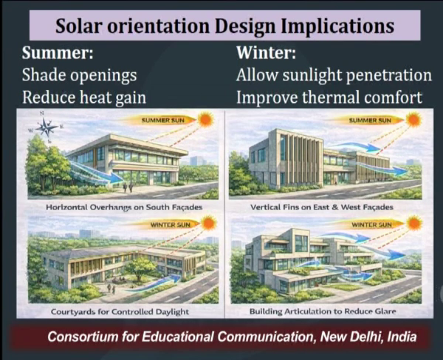Because of that, these overhangs will cut off the direct sunlight; only the light part would be entertained and the thermal part would be cut off. Whereas during winters the altitude of the sun is at a lower level, so the sunlight can directly access the fenestrations, the windows and the openings, and clearly help in improving the overall thermal comfort of the building.